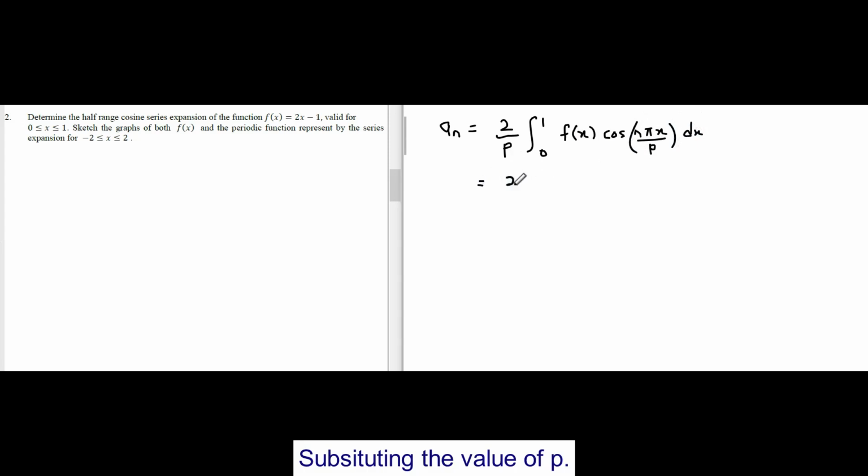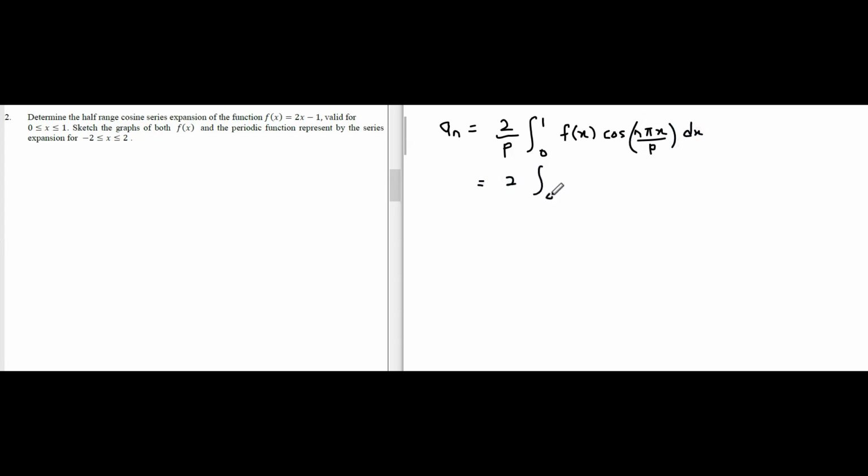Substituting the value of P, f(x) given in the question, so it looks like this integration requires integration by parts.